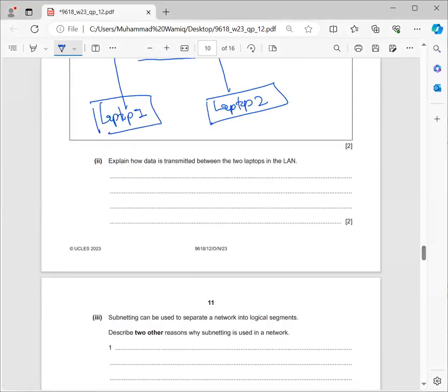Explain how data is transmitted between 2 laptops in the local area network.